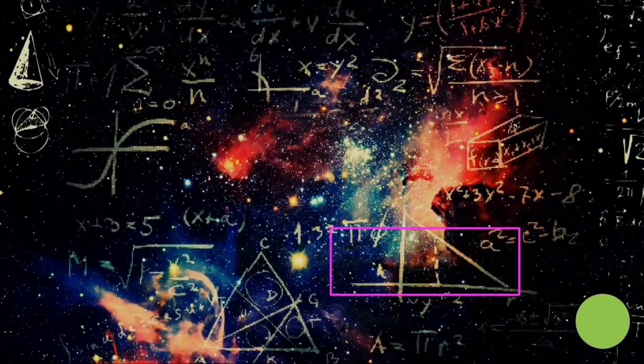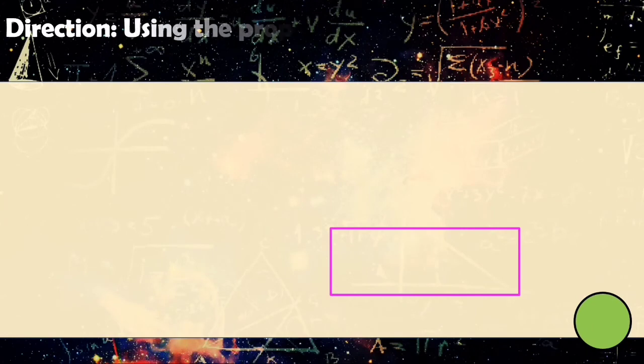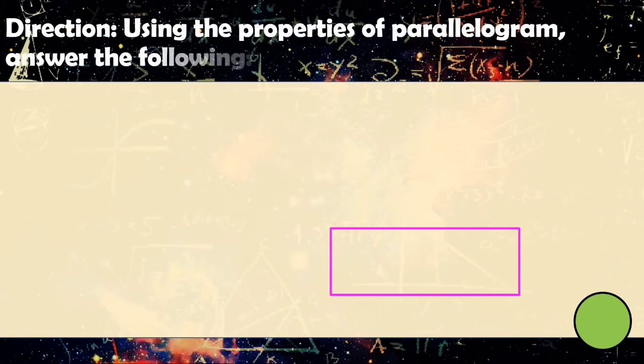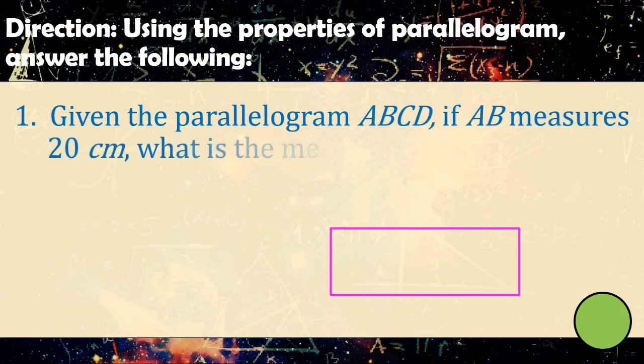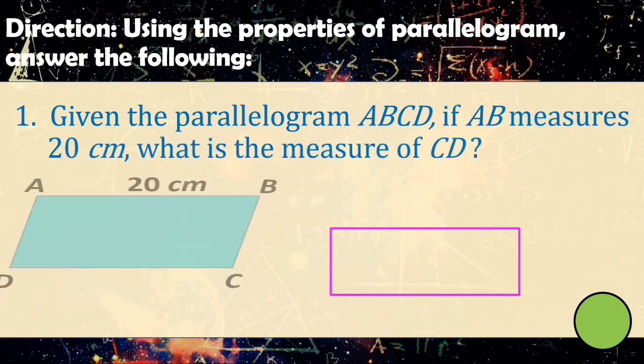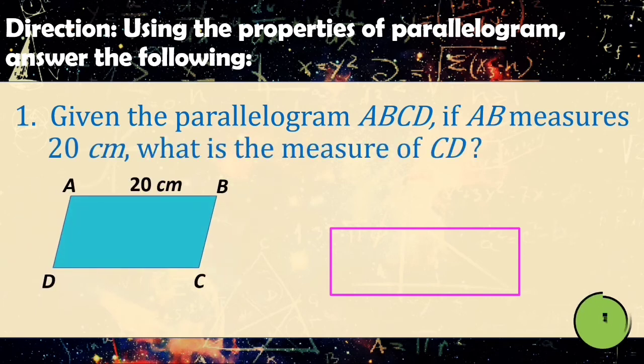To deepen your understanding, let us have another activity. Using the properties of parallelogram, answer the following. Number 1. Given the parallelogram ABCD, if AB measures 20 centimeters, what is the measure of CD? That's correct, 20 centimeters also.